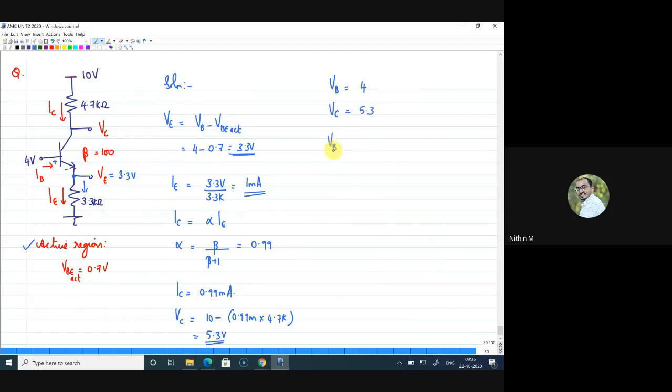So VBC is actually minus 1.3, which is less than 0.4. Therefore, the transistor is in the active region. Is this clear?